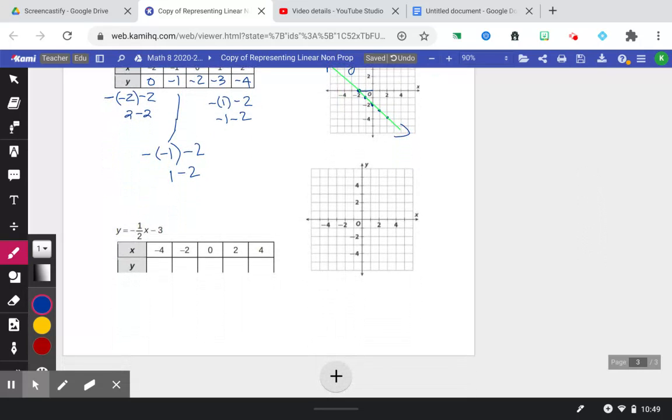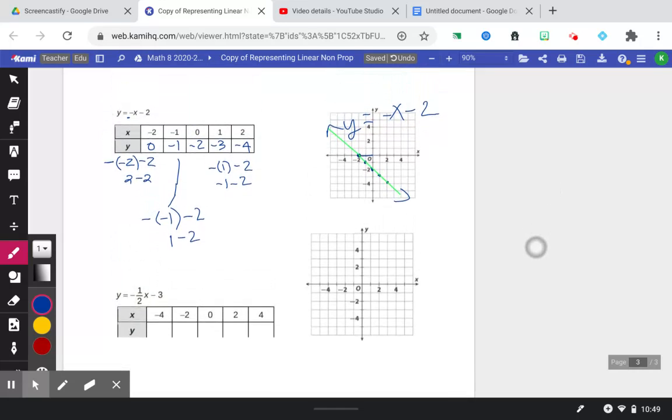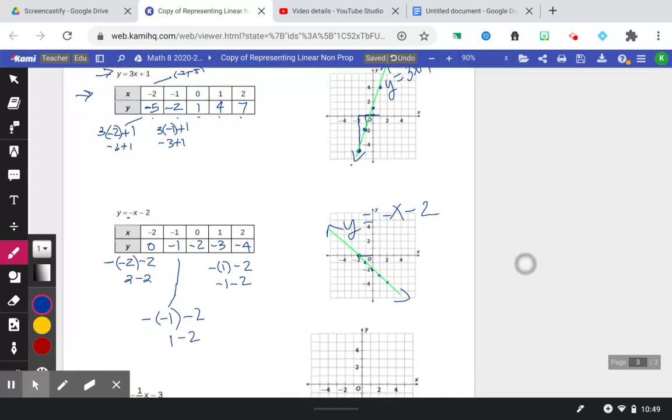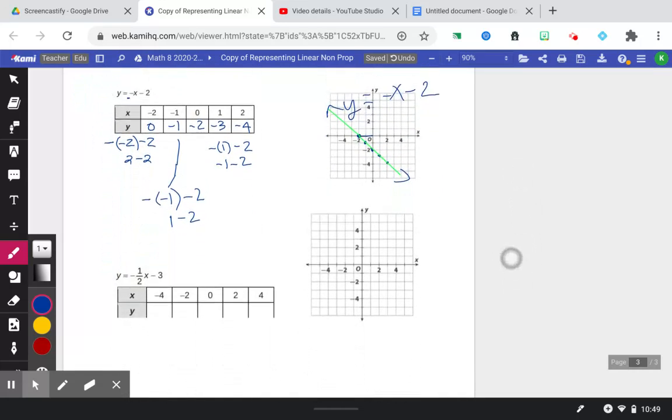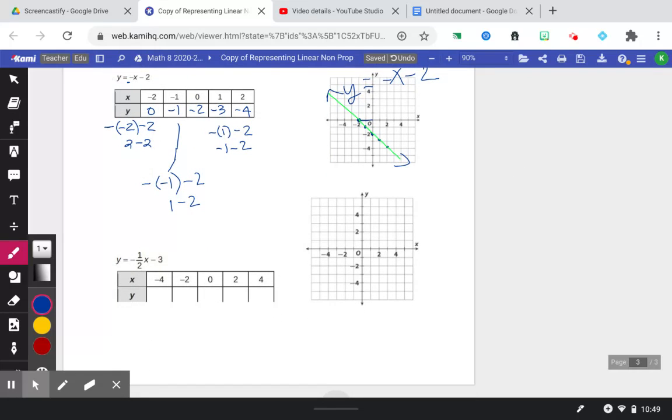Alrighty, last example. So we're going to use the values negative 4, negative 2, 0, 2, and 4. Now notice these are different than what we have been doing before. Before we were doing negative 2 to positive 2, going up by ones. Like I said, you can technically use any numbers for your x values.